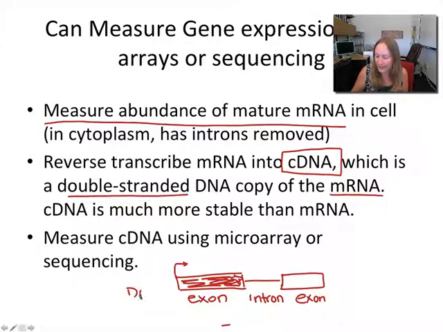So in the DNA space, you get exon, intron, exon, but the only part that the cell needs to make the protein is these exons. And the mRNA is basically a concatenation of this exon plus this exon with this intron totally removed.